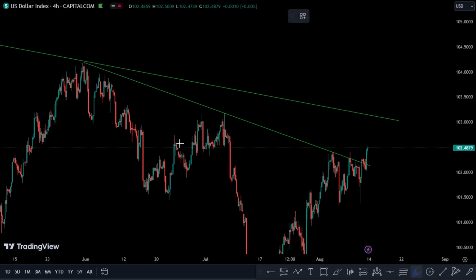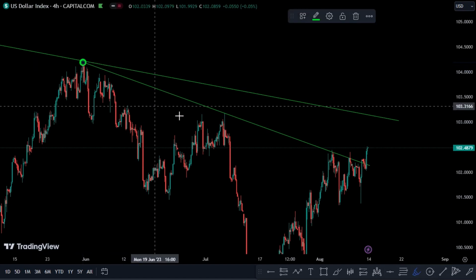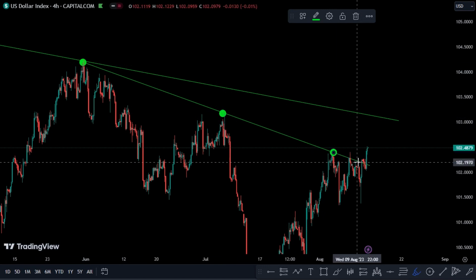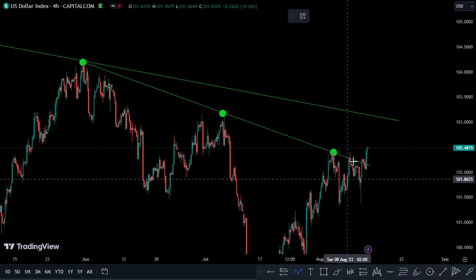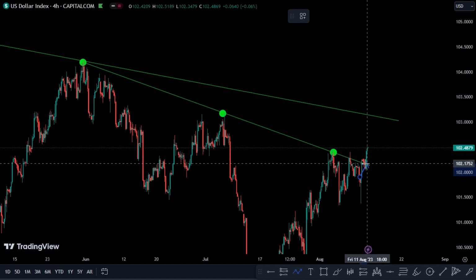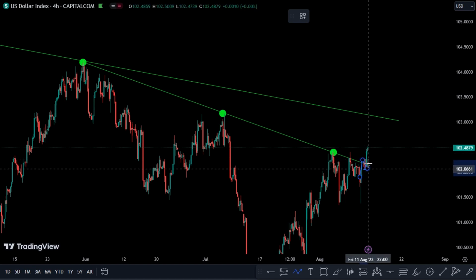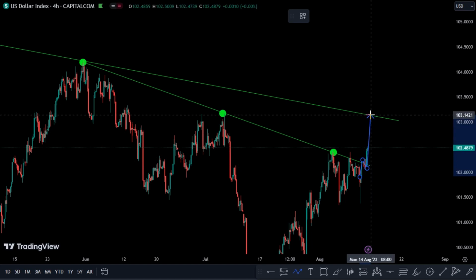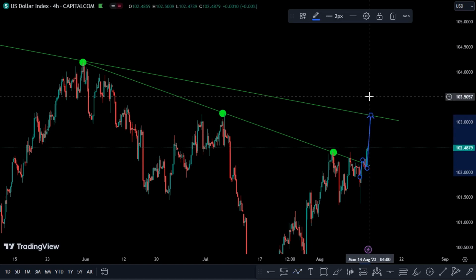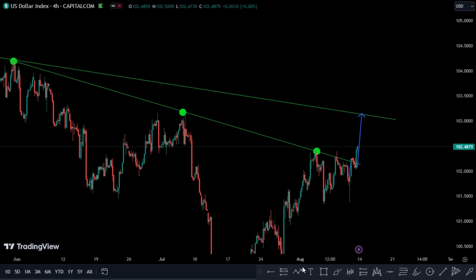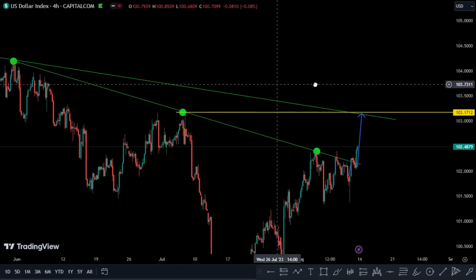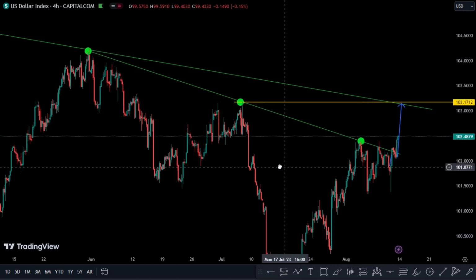So we have this trend line. This was our first touch, then our second touch, then our third touch, and eventually we ended up breaking this trend line, and then we reacted to it. So we're potentially going to push up until this area right here, which happens to be perfectly in line with our daily resistance structure.